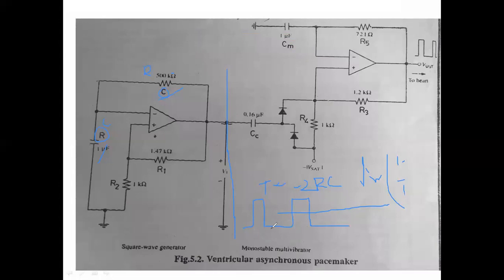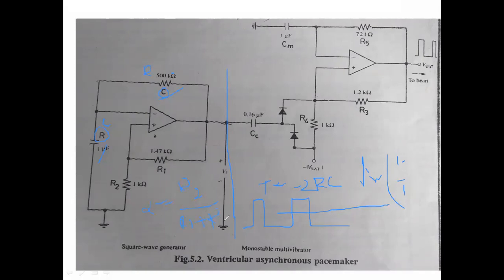The time period T is given as minus 2RC ln of (1 minus alpha) by (1 plus alpha), where alpha is a feedback voltage fraction. Alpha is nothing but R2 by R1 plus R2.